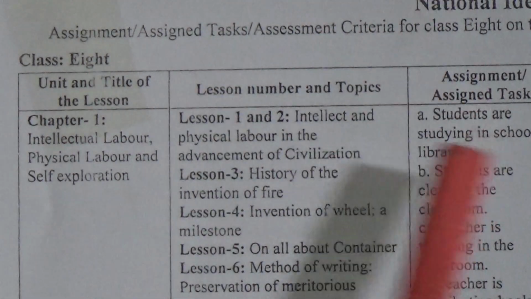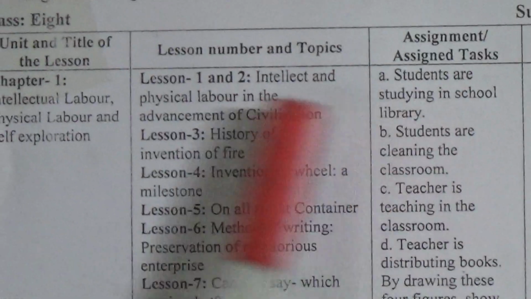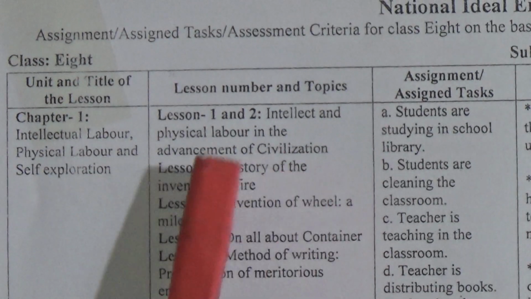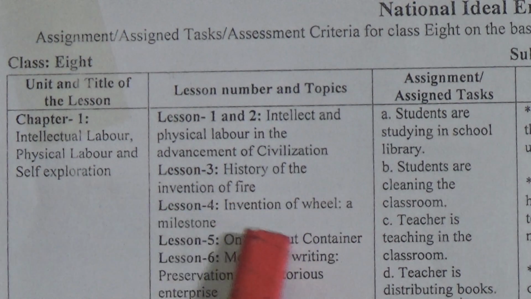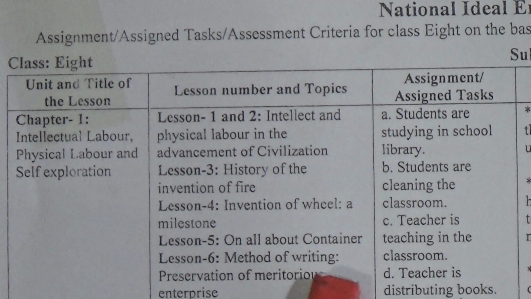The first lessons, 1 and 2, are Intellect and Physical Labor in the Advancement of Civilization. Then lesson 3, History of the Invention of Fire. Lesson 4, Invention of the Wheel, a Milestone. Lesson 5, All About Container. Lesson 6, Method of Writing, Preservation of Meritorious Enterprise.